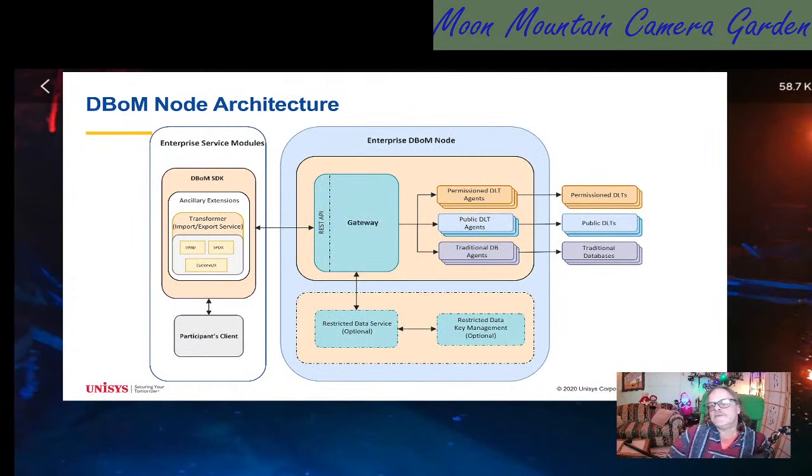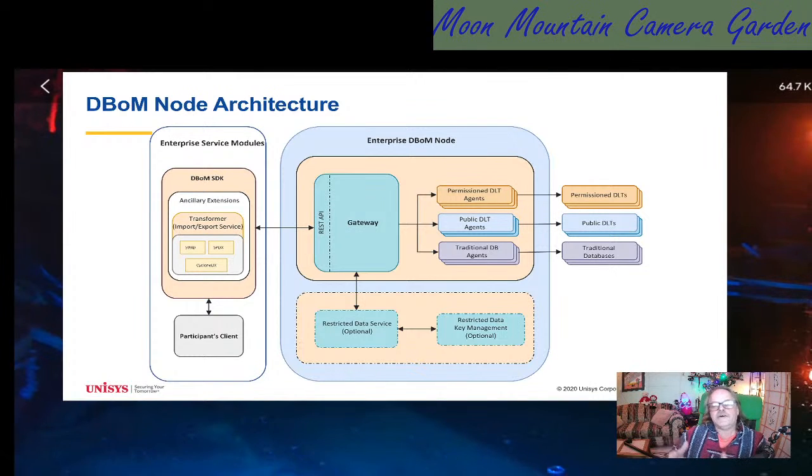So the DBOM node itself looks like this. On github.com/DBOM project, you can download the open source version of this. The DBOM node code itself is the gateway that enforces policies on the repositories in specified channels that an entity is allowed to have access to. As discussed, you see on the right-hand side, permissioned distributed ledger blockchain repositories, public distributed ledger repositories, traditional database repositories.